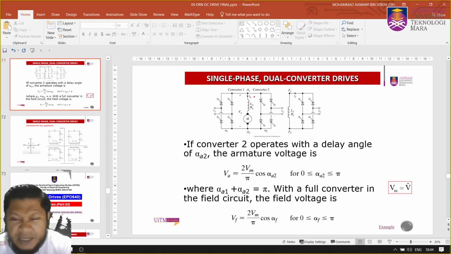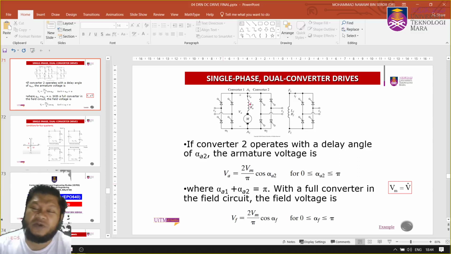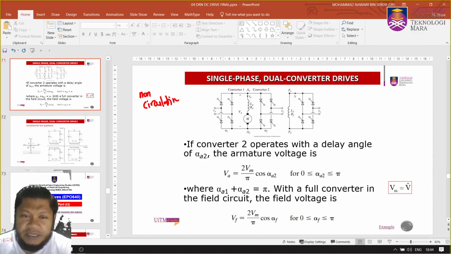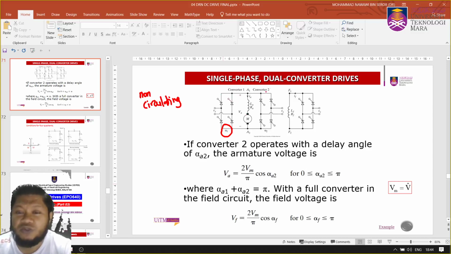Alright, so there are actually a few modes. We can also have non-circulating current operation. What it means is that if you use a non-circulating current operation, the converter 1 will operate while the converter 2 is completely shut off.